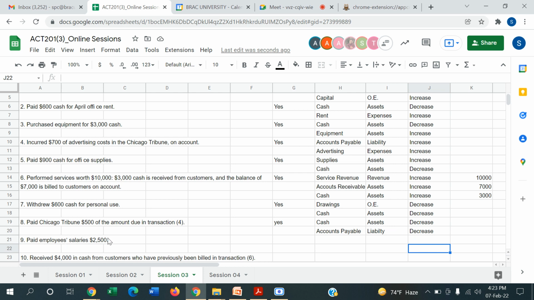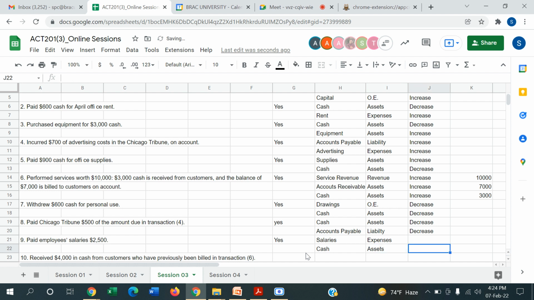Number 9, paid employee salaries 2500. Definitely, it's a transaction. The accounts are salaries and cash, or bank. Salaries is an expense.